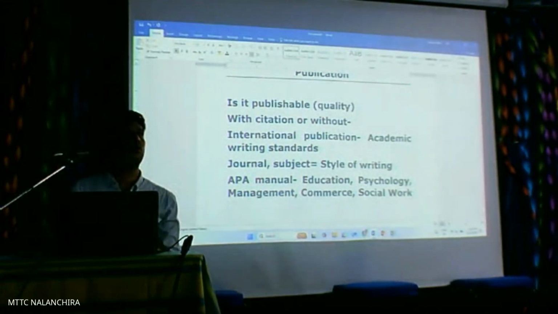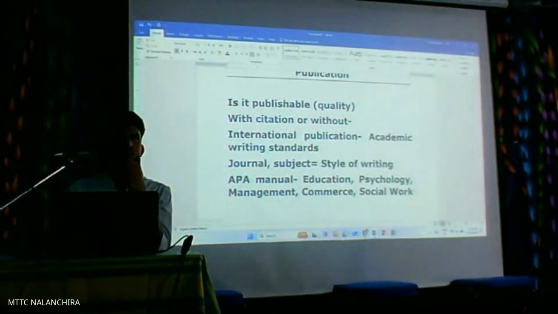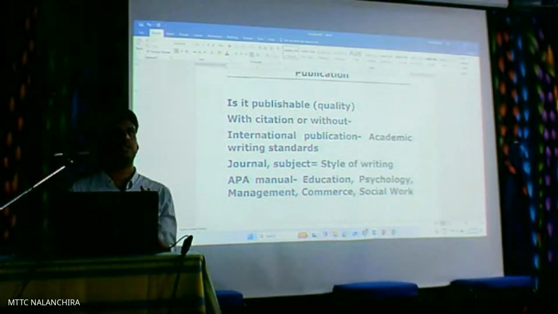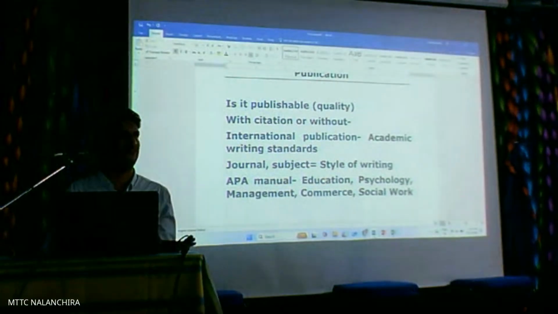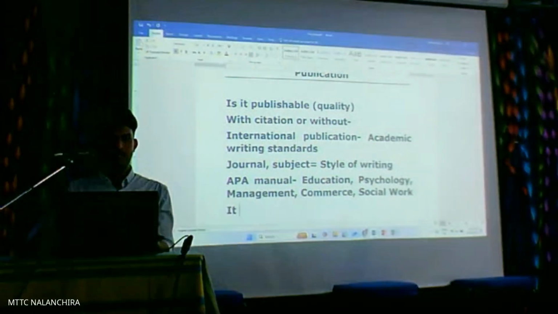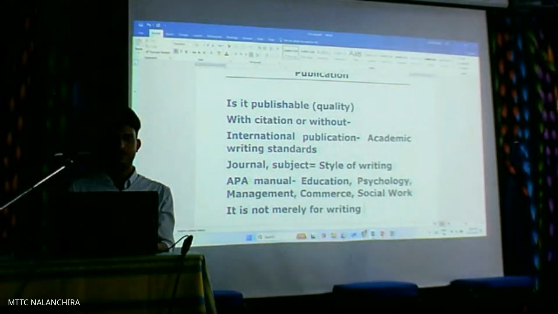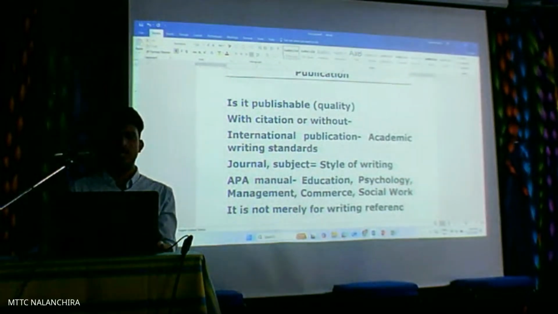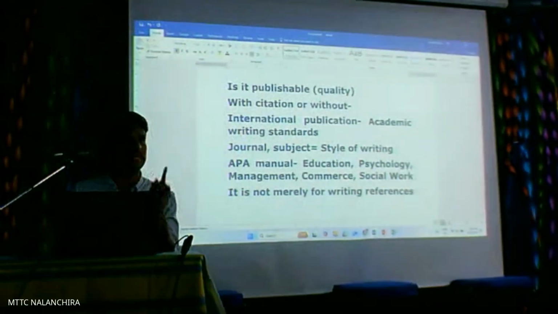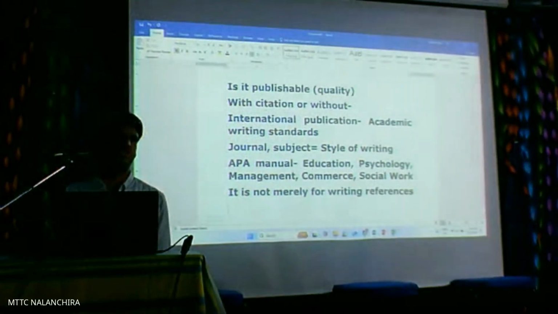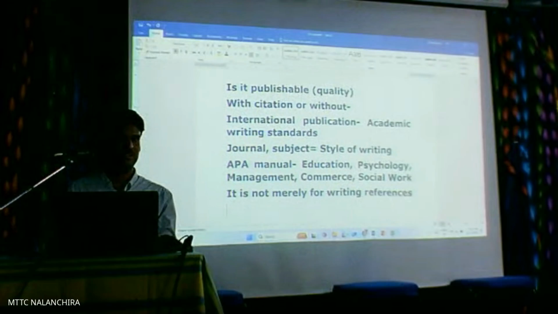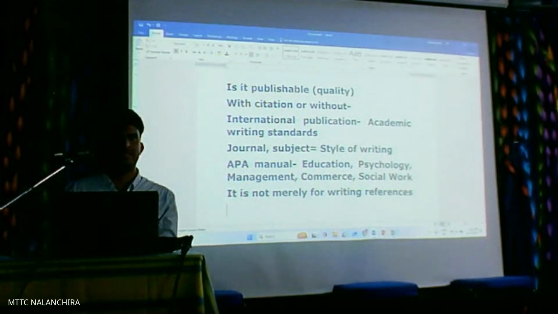Some people, even some professors, understand that it is only for writing the references. It is not merely for writing references. It is for everything. You cannot write a single sentence without a citation.